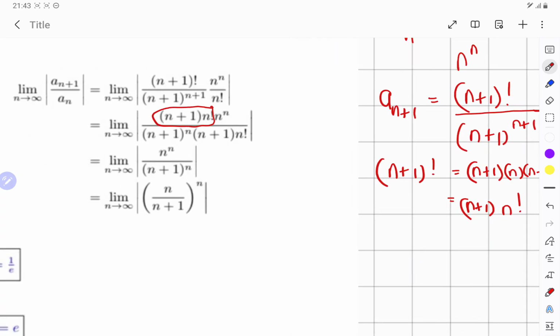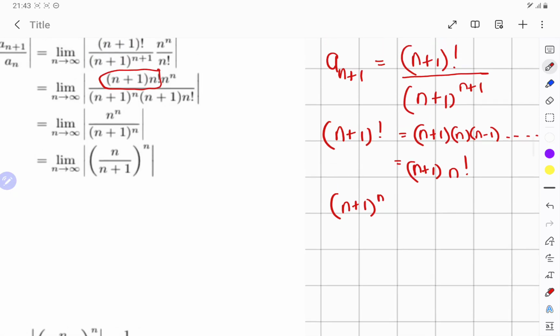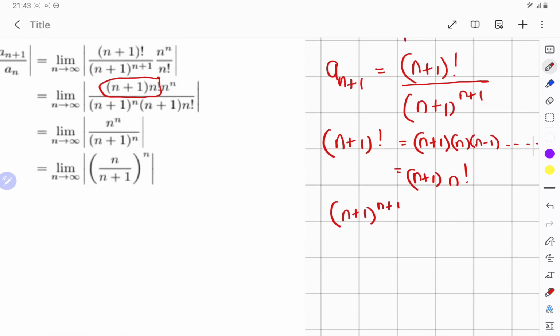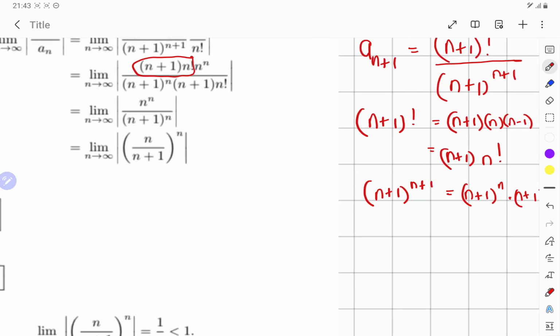That's what I've done there. Then, very important, I have n plus 1 to the power of n plus 1. Now, from your exponential laws in school, you know you can split them. So you have n plus 1 to the n times n plus 1. And that's what I have done over there.